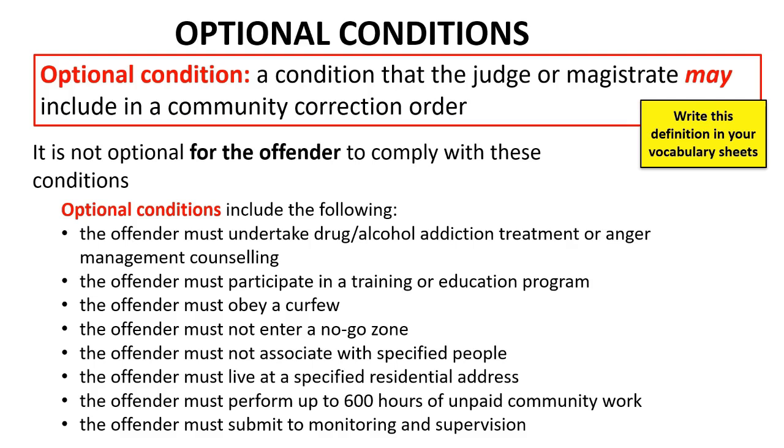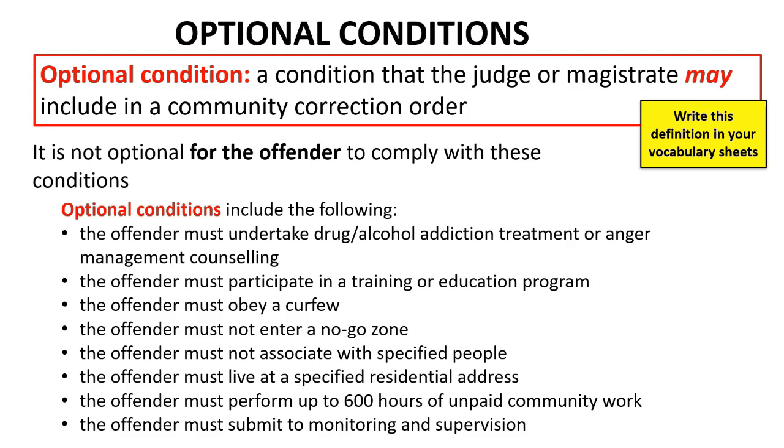An optional condition might require the offender to live at a specified residential address. This is called a residency requirement. For instance, if an offender is very young, that offender might be required to live with their parents or a guardian. An optional condition might require the offender to perform unpaid community work. The maximum amount of unpaid community work that an offender can be required to perform is 600 hours over the term of the community correction order.